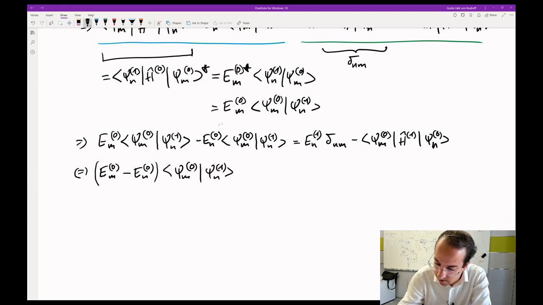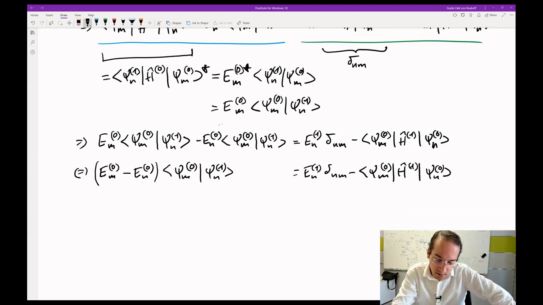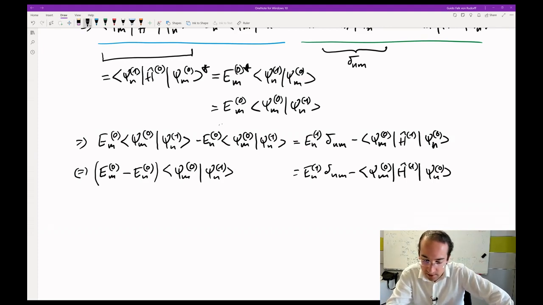And the right-hand side remains unchanged. Copy this for completeness' sake. Okay. Now what we have is an energy expression that on the left side has the energy difference between two configurations of the unperturbed system. And on the right-hand side contains this energy that we actually care about, N1.